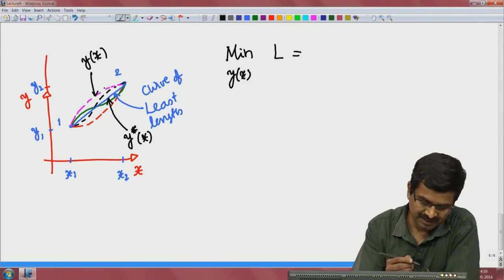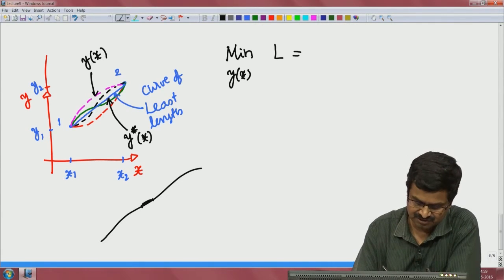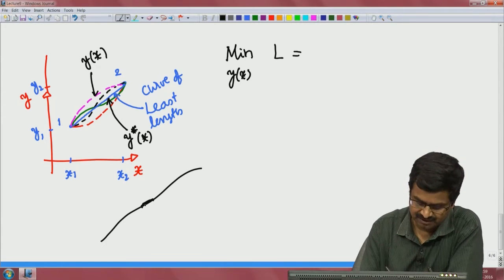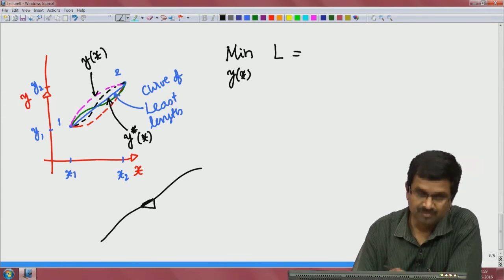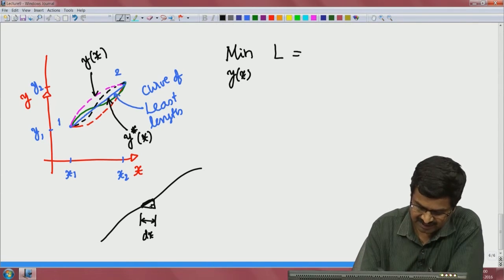Normally, if I have a curve like this, I take a small bit and use the Pythagoras theorem to find the length of that. Why Pythagoras theorem? Because this part here is dx and this is a right angle, and this is dy for that curve.